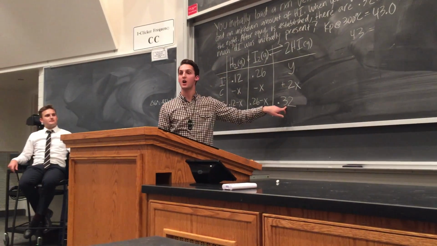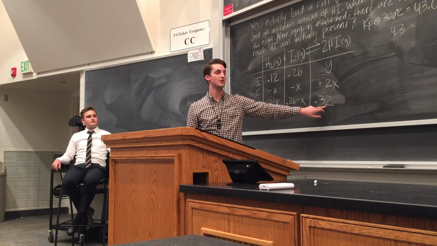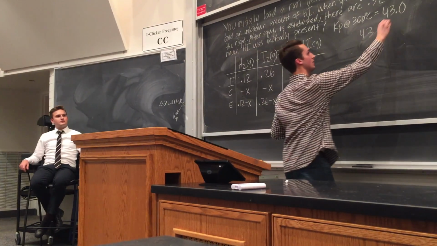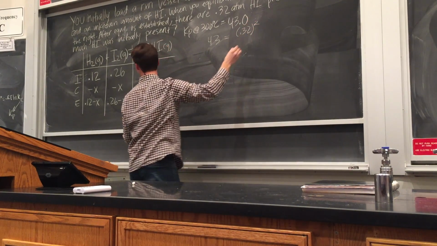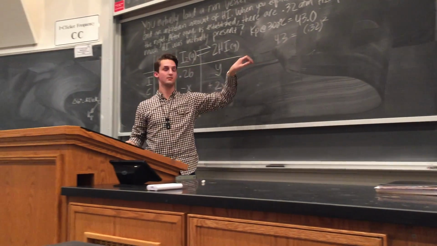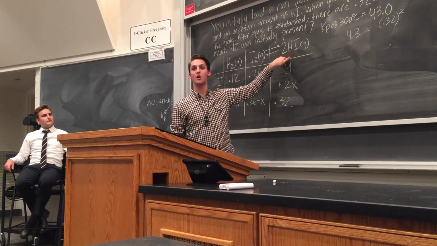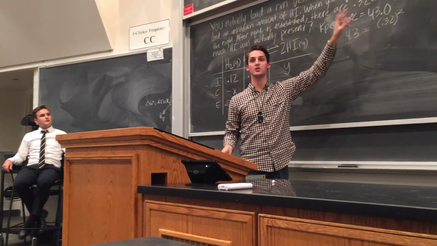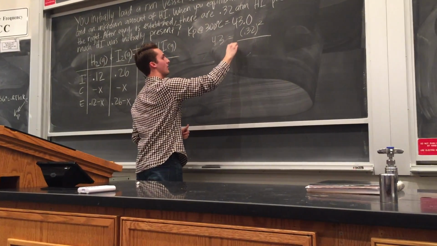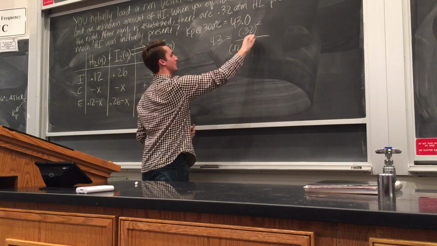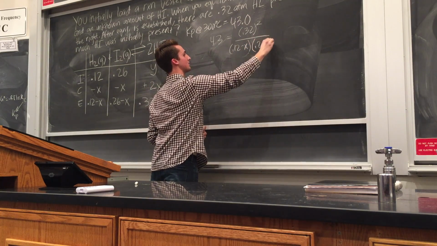In this case, I already know my equilibrium concentration of HI. It's just 0.32. So this is going to be 0.32, and don't forget that it has to be squared because I have two of them there. Whatever the coefficient is in the reaction, when you put it in the expression, it has to be squared. And that's going to be divided by 0.12 minus x times 0.26 minus x.